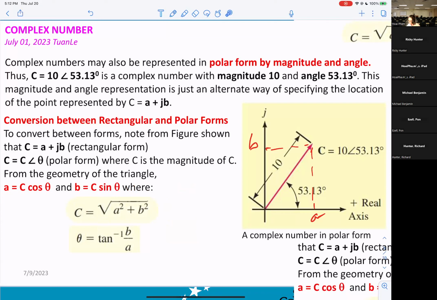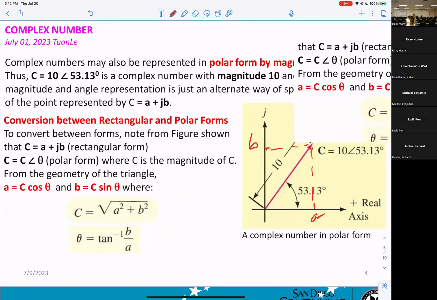And also the angle here equals tan minus 1 of B over A.